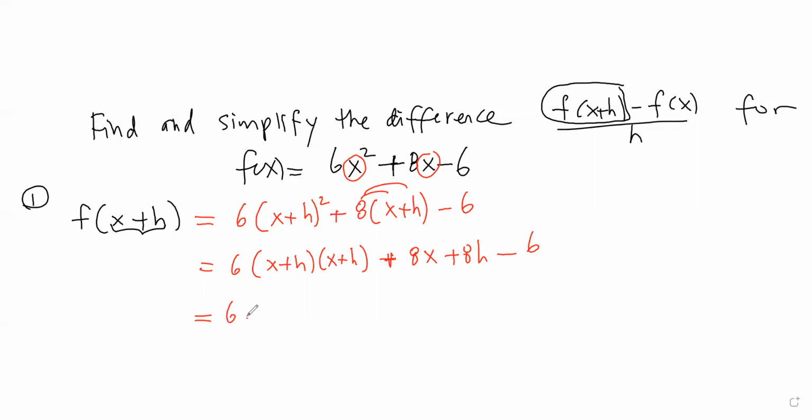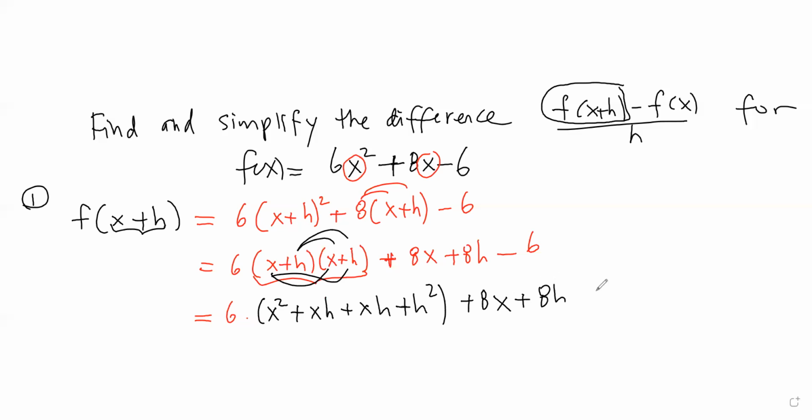Now this is just going to be FOIL, right? You're just going to FOIL that, and that will be x times x, so you'll get x squared, and then you have x times h, and you have another x times h here, then you have h squared there, right? h times h. That one stays the same.